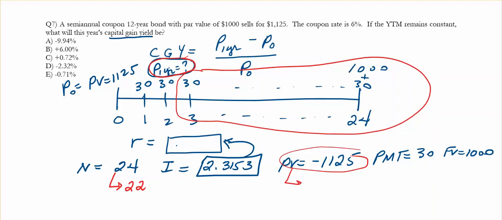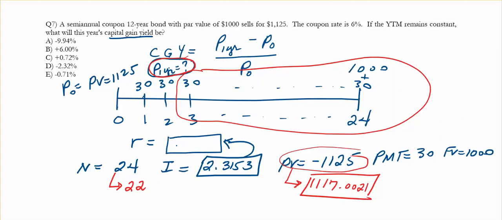Now we solve for a new PV. So changed the N to 22. Solve for PV. I get $1,117 and a fraction of a penny.